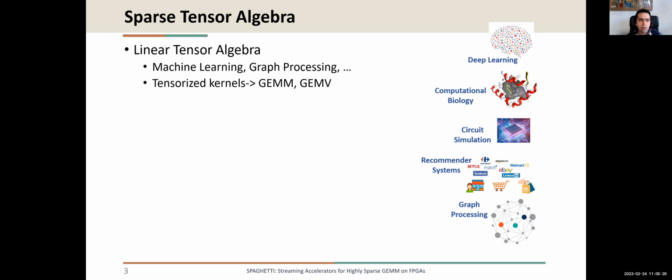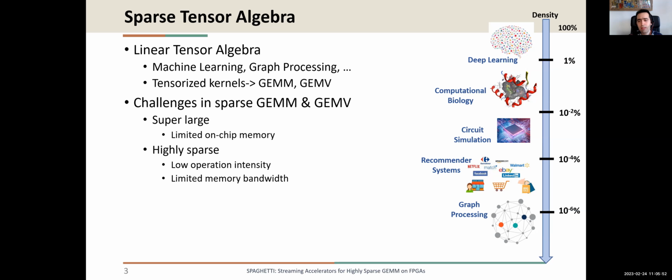Most of these algorithms work with tensorized kernels, either matrix multiplication, matrix-vector multiplication, or convolutions. But in particular, GEMM or GEMV, matrix-matrix and matrix-vector, are maybe the most commonly used tensorized kernels in these algorithms.